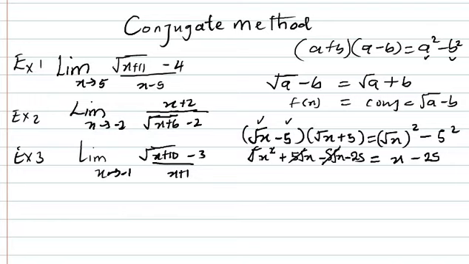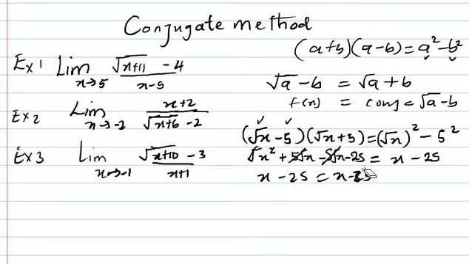So root of x squared is x, then minus 25, which is x minus 25. Basically, you can open the parentheses, or you can just take the difference of two squares and proceed: take the first square, negative in the middle, and then the other one squared. This is how the conjugate works.